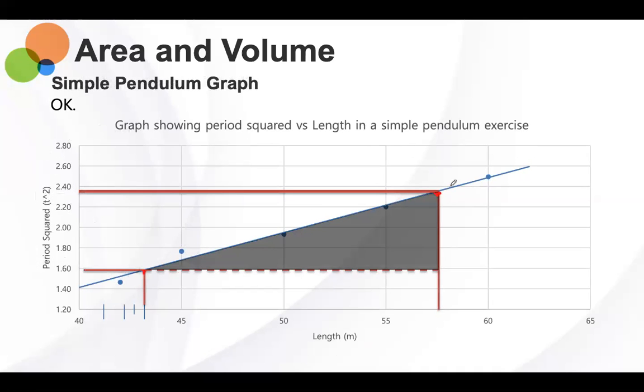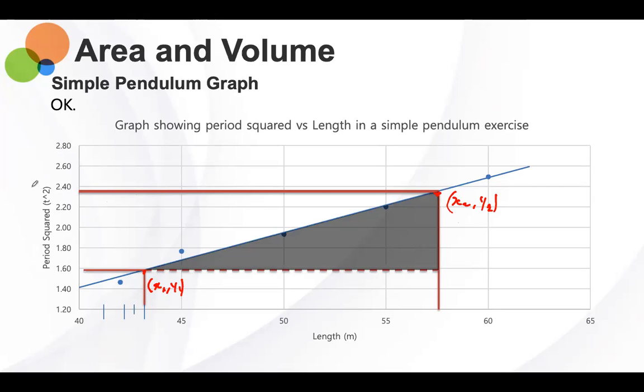So this will be our first reading, x1 and y1, and this will be x2 and y2. So we take two random points on the graph and we compare them. That's all we're doing for the gradient. This is our first point and this is our second point.